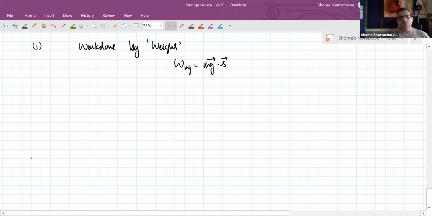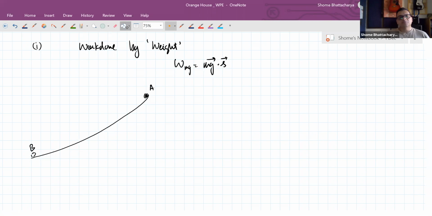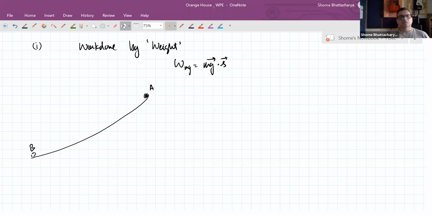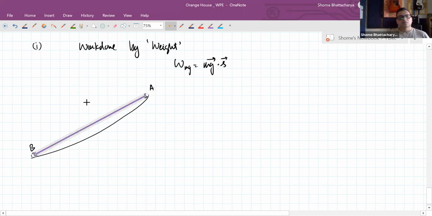So when you look at the situation here, it's going from this position A to this position B. Now during that time, the displacement vector is which one? The displacement vector is the straight line joining the initial with the final position. So this is the displacement.